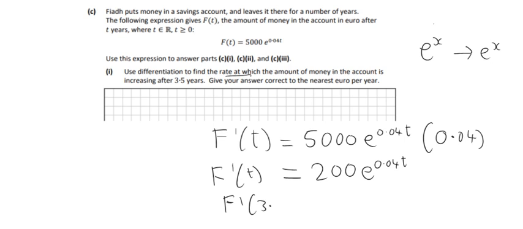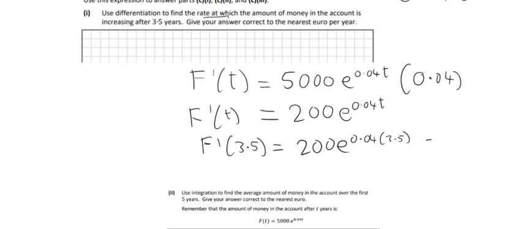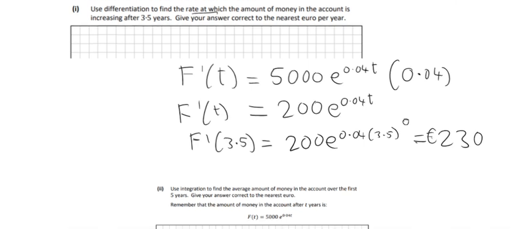So f dash 3.5 would be 200 e to the power of 0.04 times by 3.5, and that will give it to me. And you put that in the calculator, and I got 230. And that's to the nearest euro. They want it rounded to the nearest euro again.